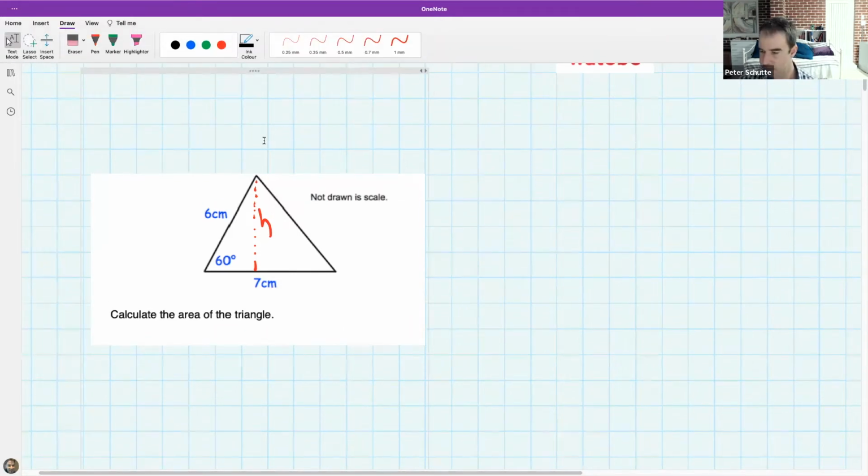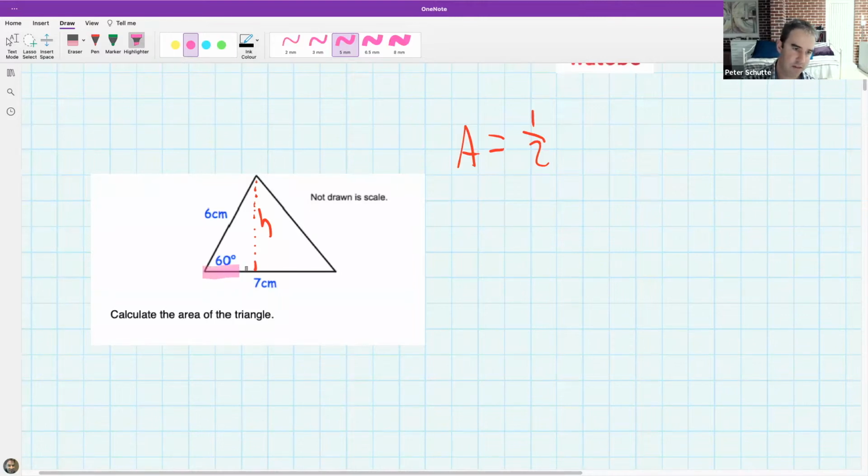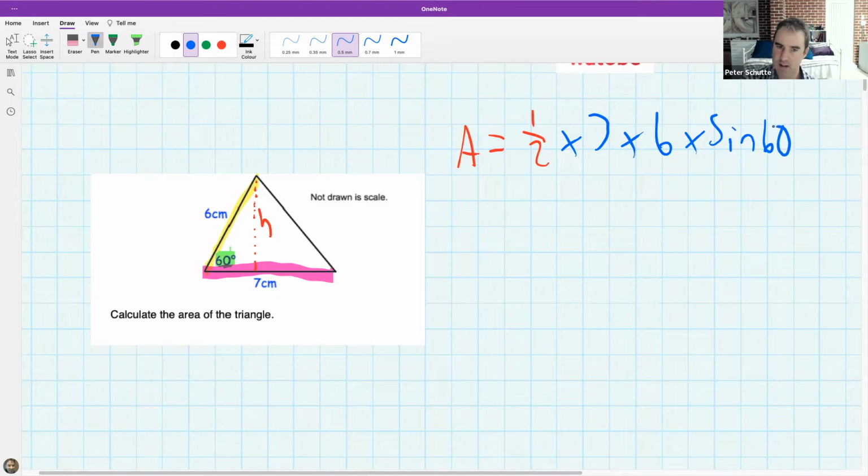So find me the area of this triangle. I think we need to use that side and that angle. And it will be 1/2 times 7 times 6 times the sine of 60.